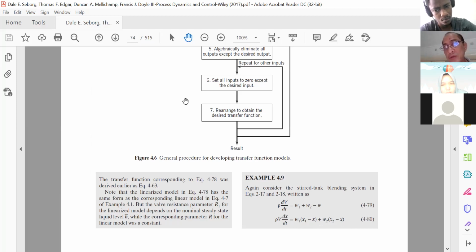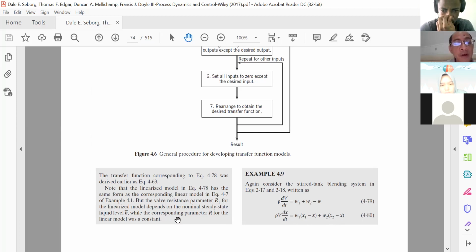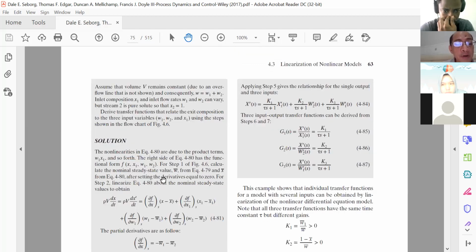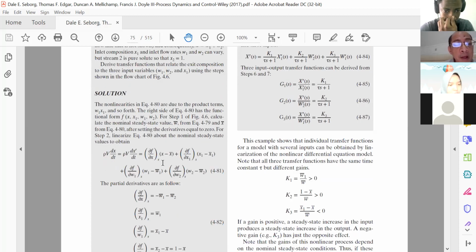You differentiate with respect to the variable H. But here you have to differentiate with respect to several variables, W1 and X1, and also the same thing for W2 times X. Therefore, Seborg says you have to differentiate something like this: rho V dx prime dt is equal to df dx at x minus x bar plus df dx1 at x1 minus x1 bar plus df dw1 at w1 minus w1 bar plus df dw2 at w2 minus w2 bar.